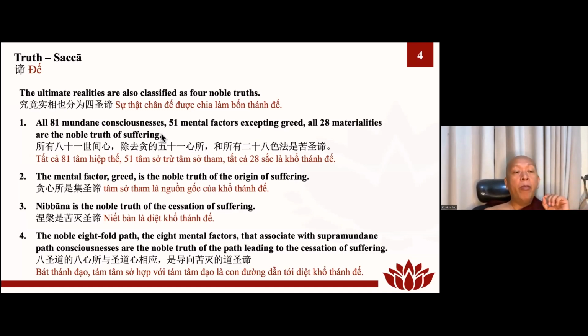For example, right understanding or right view is equal to panna, wisdom. This is one of the mental factors. Another one is samma sankappa, right thought, which is equal to vitakka, initial application or applying thoughts.